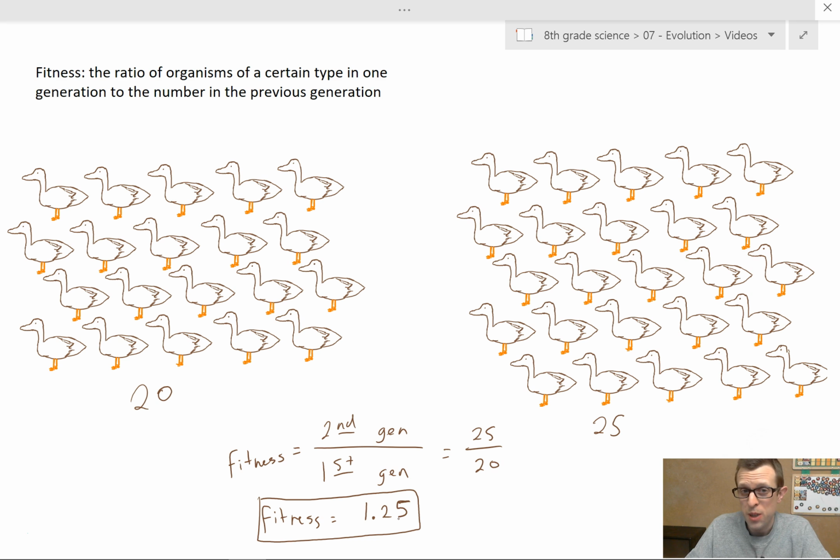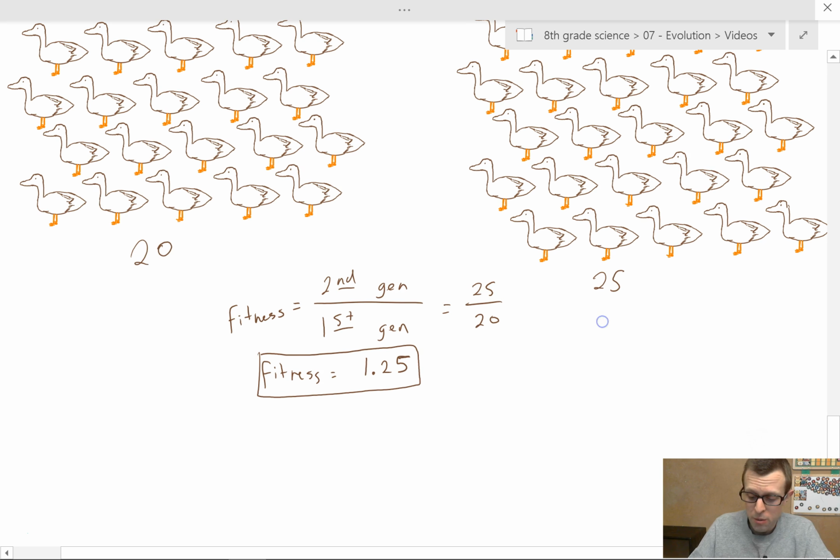So then we might be asked to make a prediction, like what's the next generation going to look like? How many are going to be in the next generation? So in order to do that one, 25 is our current generation. How many in the next generation?